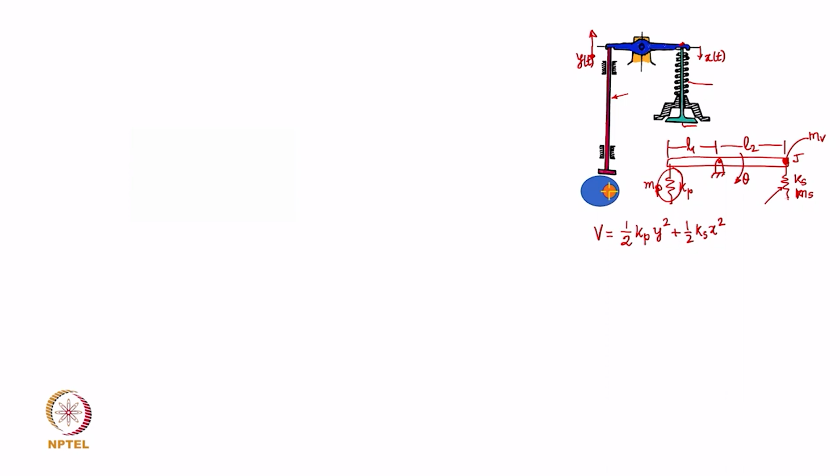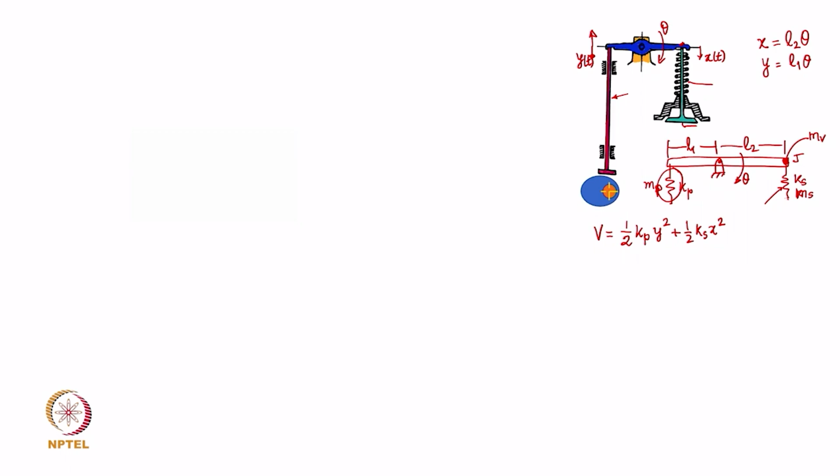Now, you can see that this x can be written as L2 into theta and y can be written as L1 into theta, is it not. So, although you show these two displacements as two different ones, they are not, actually; they are geometrically related to the assumed degree of freedom, that is theta of the rocker.